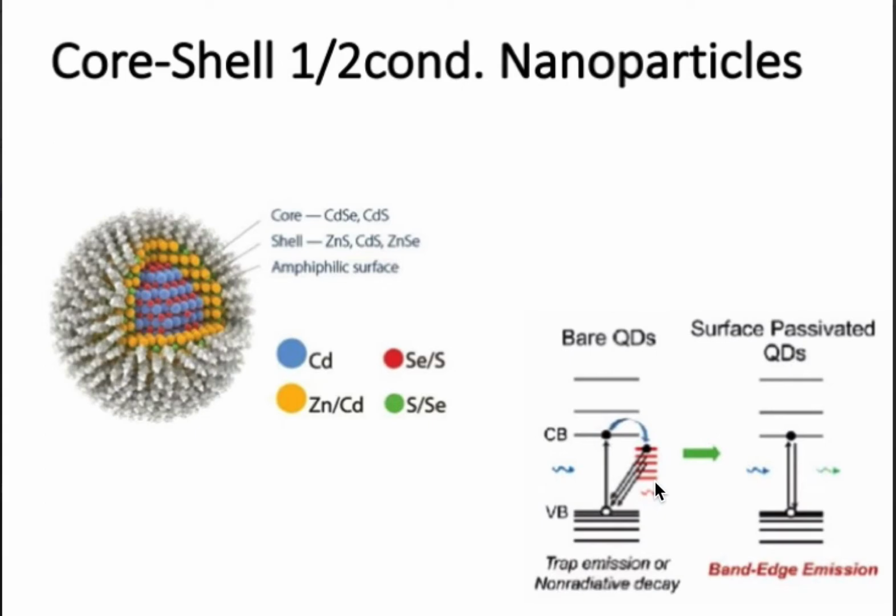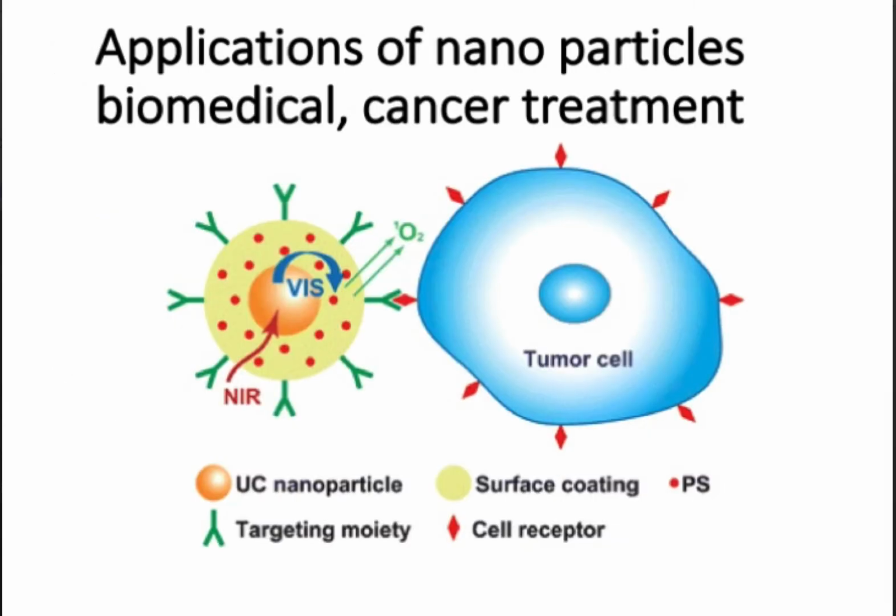The shell is often a material with the same crystal structure as the core. The shell atoms are ideally repeating the periodicity of the core, leaving few localized states at their interface. Another application of quantum dots in biomedicine is for photodynamic therapy, PDT.